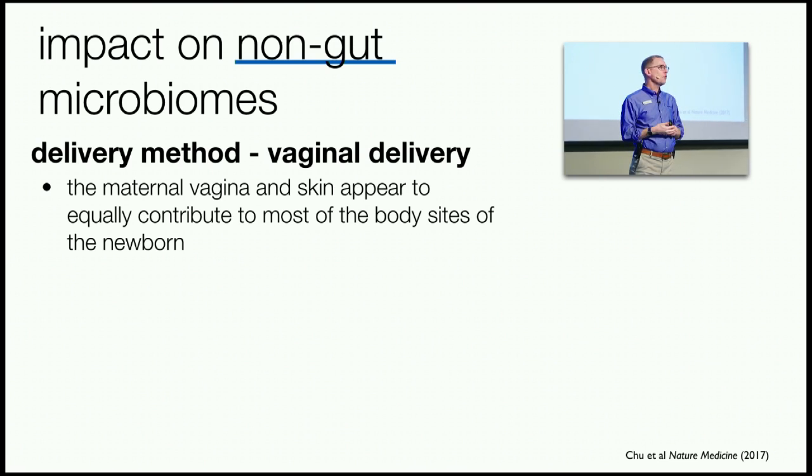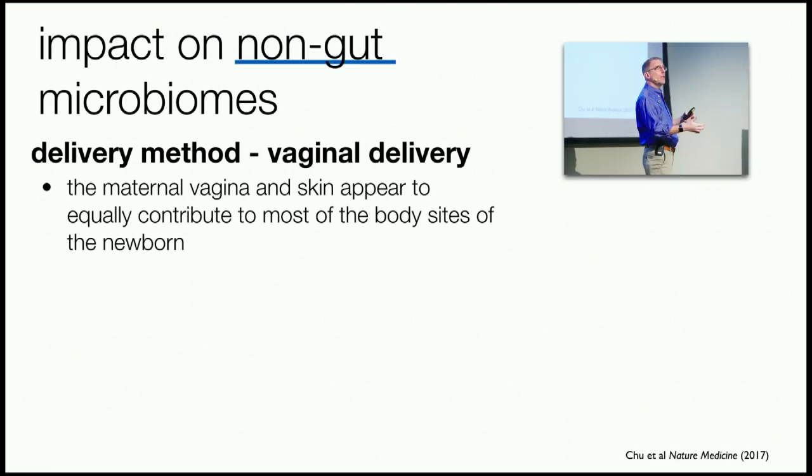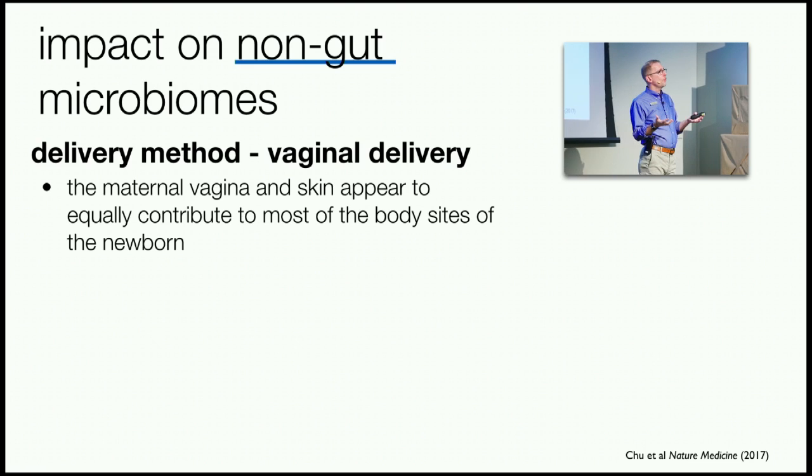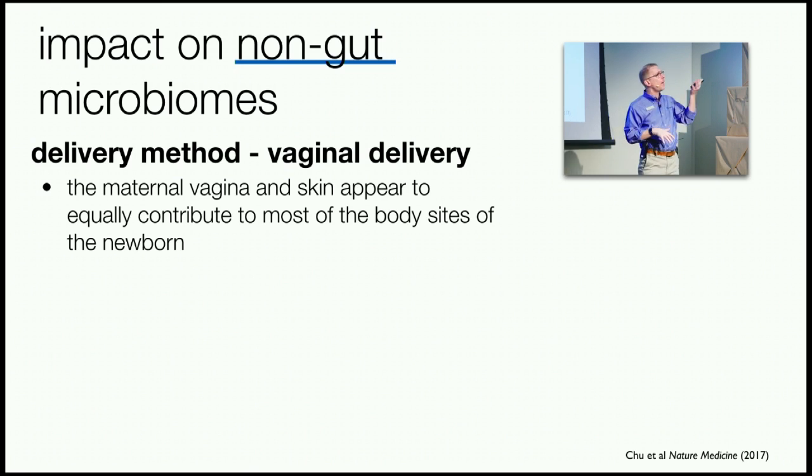It is your first exposure to the bacteria present in the lining of the womb. If you look at newborns born vaginally, the microbes on their skin shortly after birth seem to be about half corresponding to bacteria present in the vagina and about half corresponding to bacteria present on the skin.